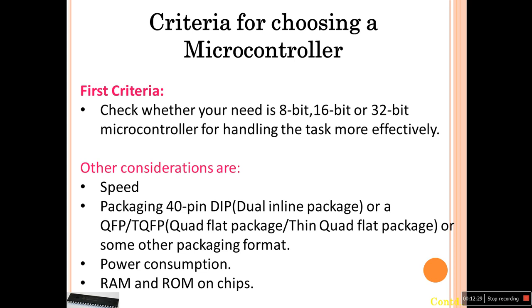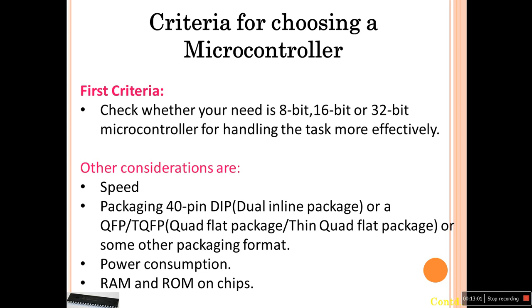So now we're talking about embedded systems. For an embedded system, we choose a microcontroller. They are designed for embedded systems, and they are designed for simple tasks. So first criterion, we must check whether we need an 8-bit, 16-bit, or 32-bit microcontroller. Secondly, we look at the speed of execution, whether we want fast, slow, or moderate execution.